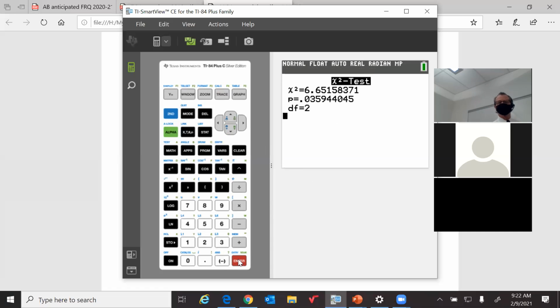Now that's what you saw on the PDF. The chi-square test statistic is 6.65. Well, that doesn't mean anything until we compare it to the critical value.